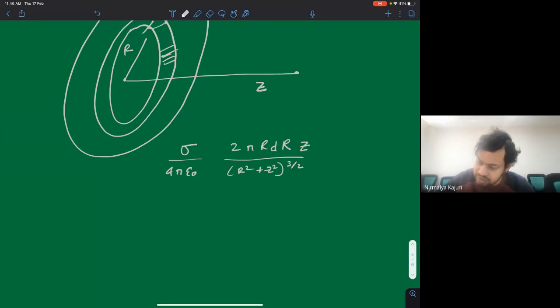So this integration is sigma over 4 pi epsilon naught into 2 pi z. Everything comes out of the integral.